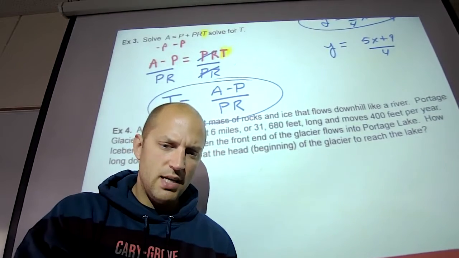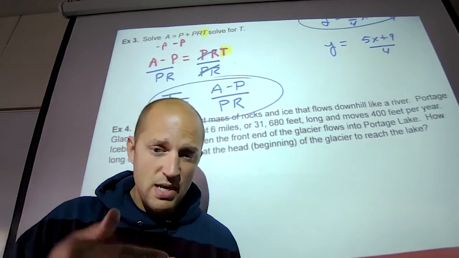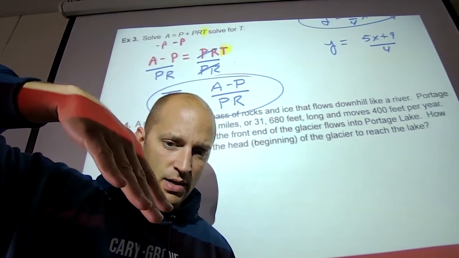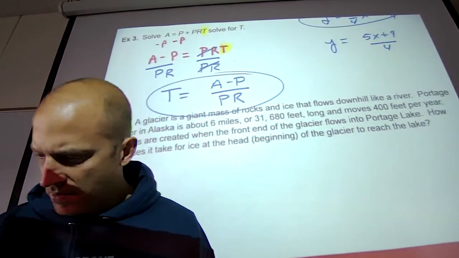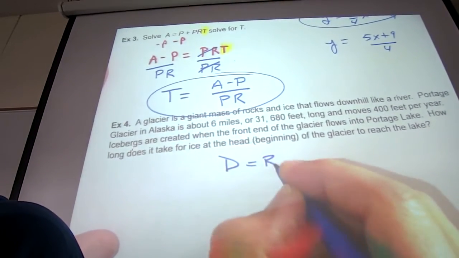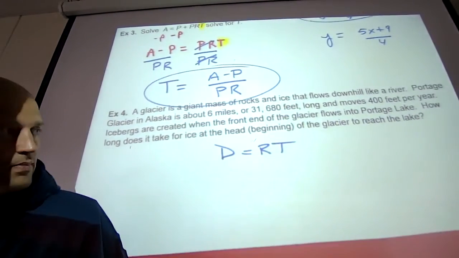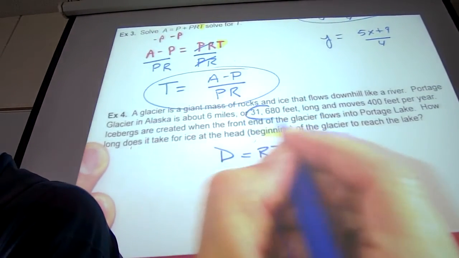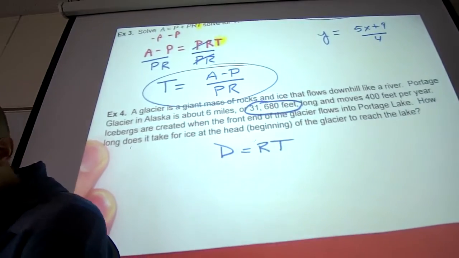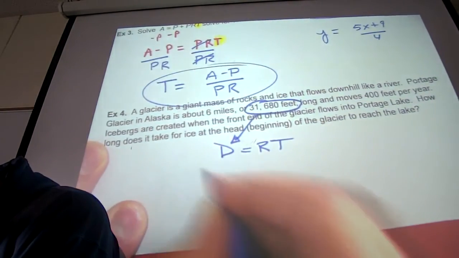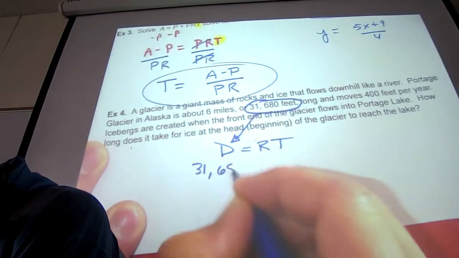So they're talking about distance. They're talking about the speed at which this thing's traveling, which is super slow, 400 feet a year. And then time. Okay, they're talking about distance, rate, and time. The distance that it has to travel, total, that's our D. That's 31,680 feet.